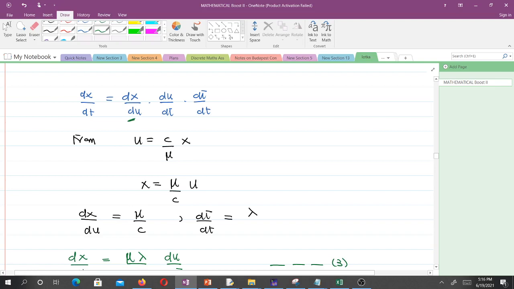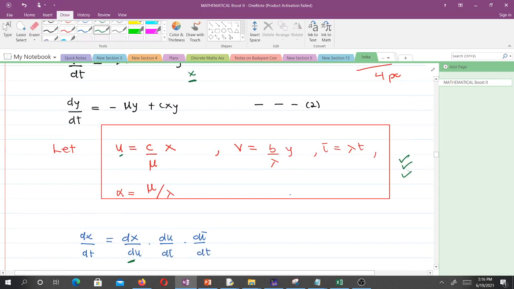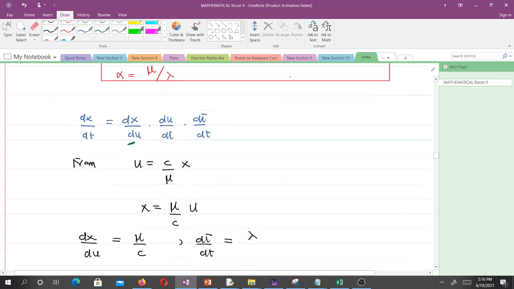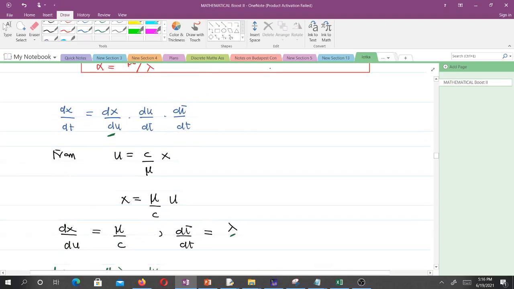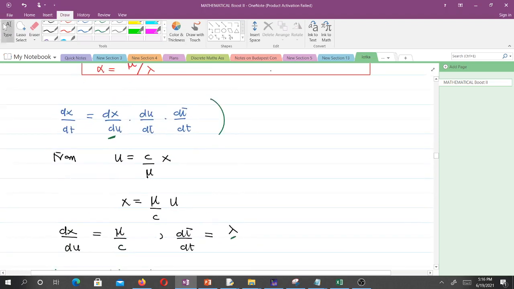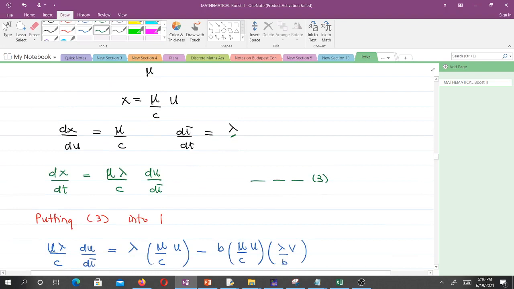When you find dx/du, we are going to get mu over c, and from tau equal to lambda t, when you find dtau/dt, we'll get lambda. So when we substitute them, we are going to get dx/dt equal to mu lambda over c times du/dtau. And we call that equation 3.